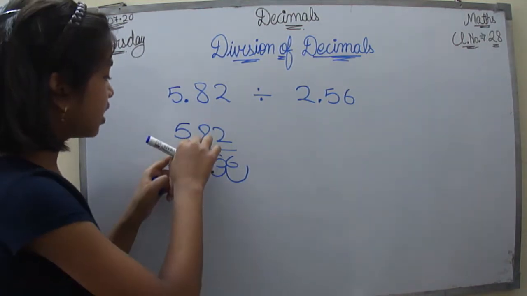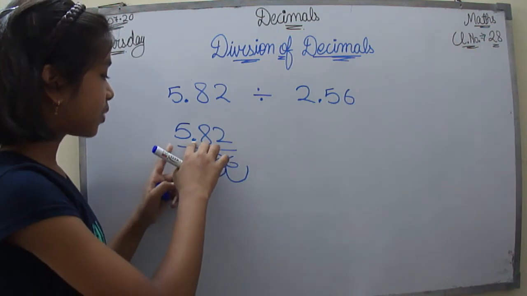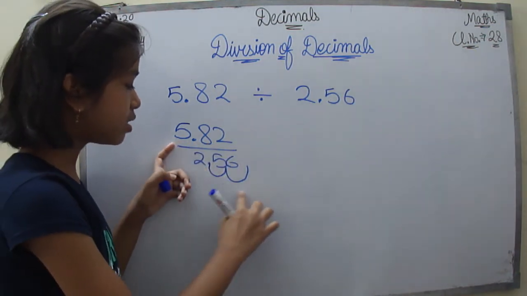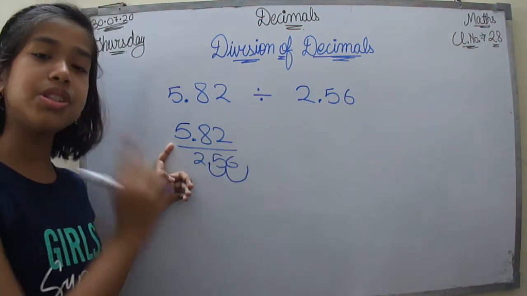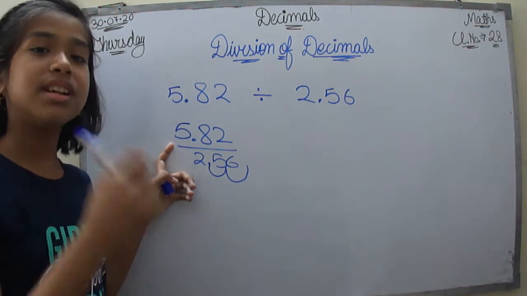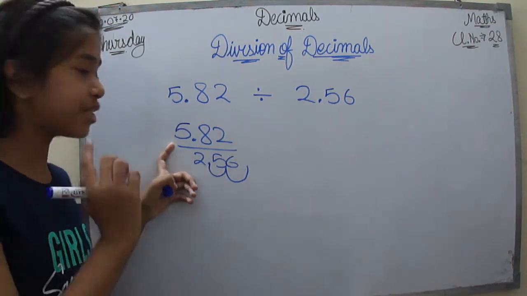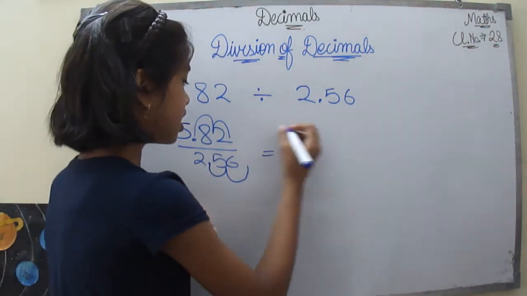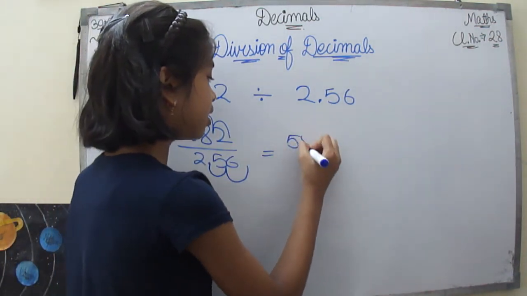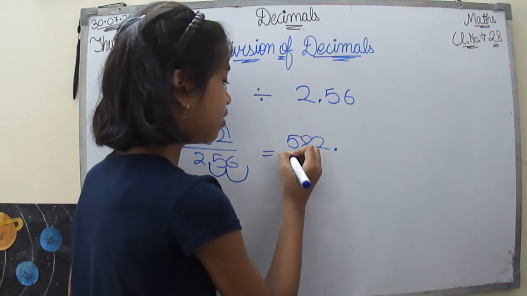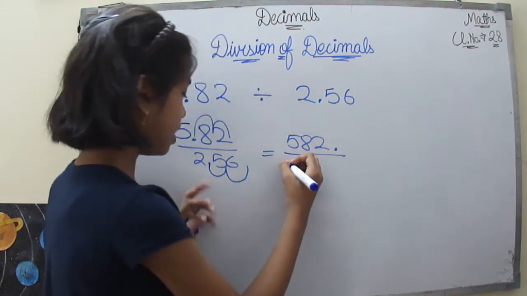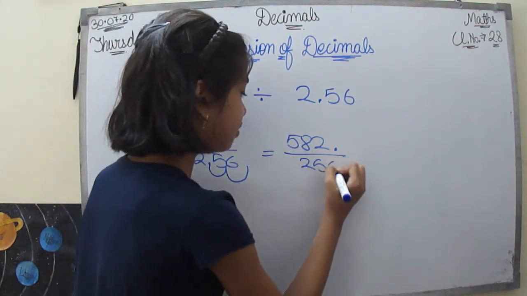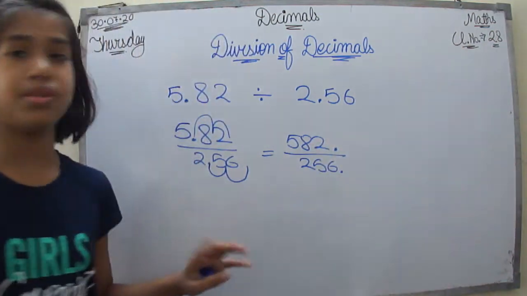Now here, can you see this? As we shifted this two places to the right, we have to do the same thing to the numerator. So now let's do this: 1, 2. So it becomes 582 and then 256.000.